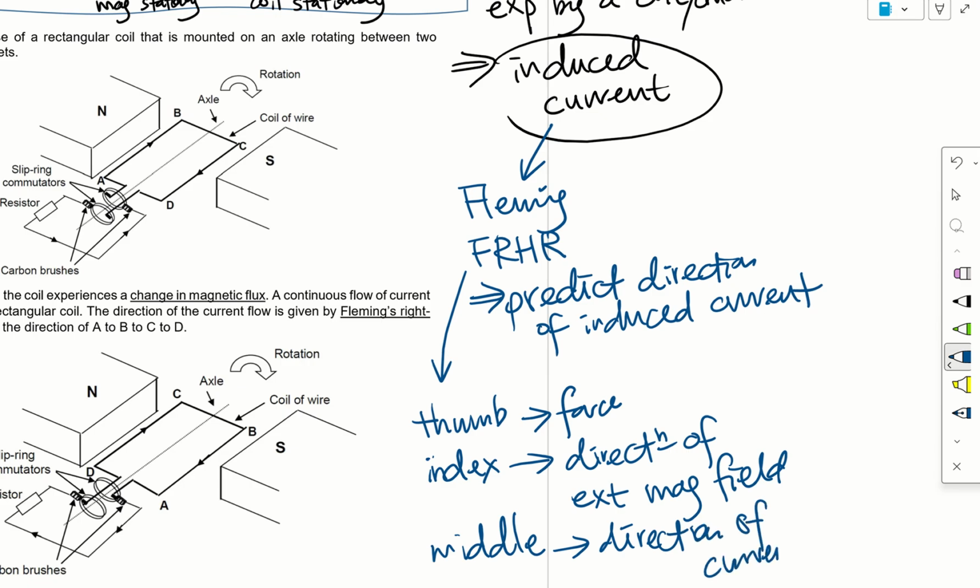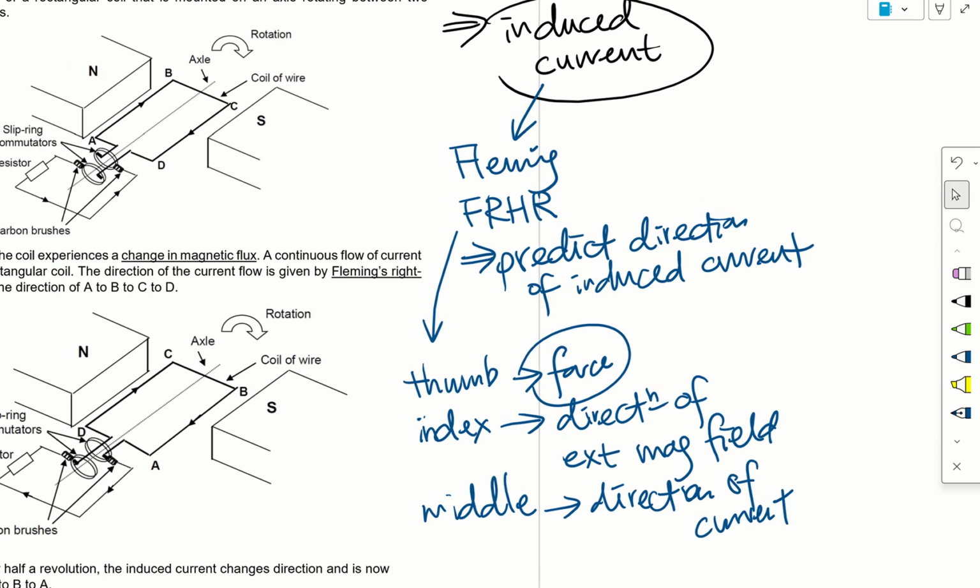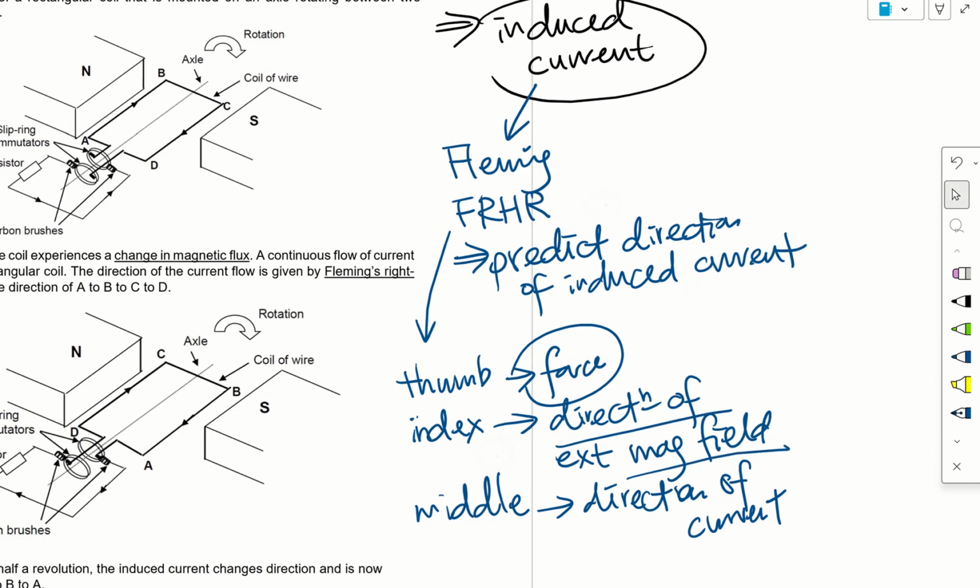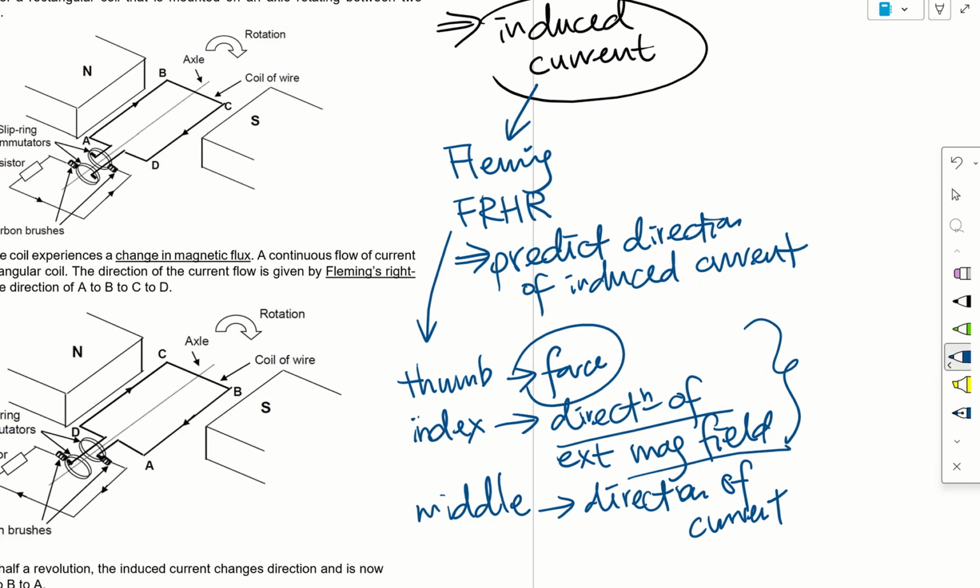So if you know the direction of the force or direction of motion that the conductor moves, and you know the direction of the external magnetic field, then you can know the direction of current.